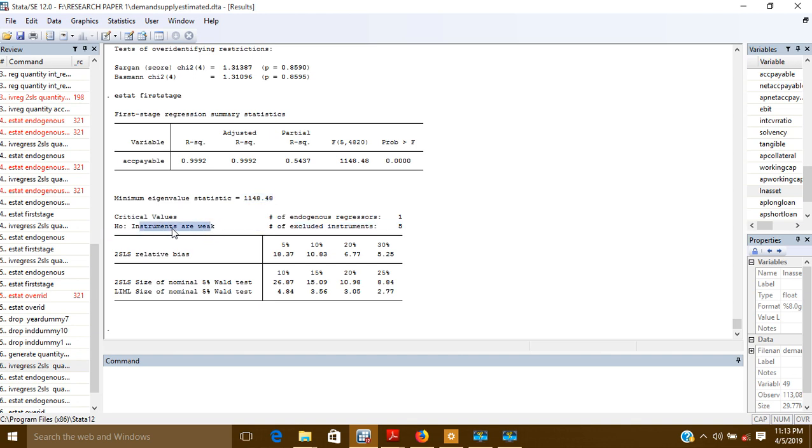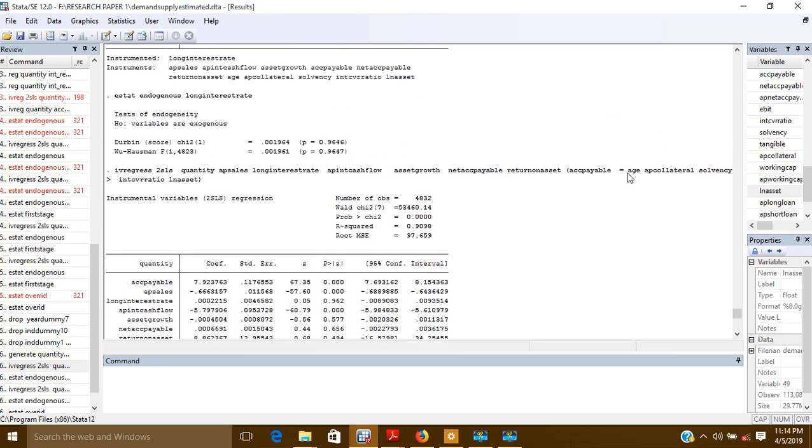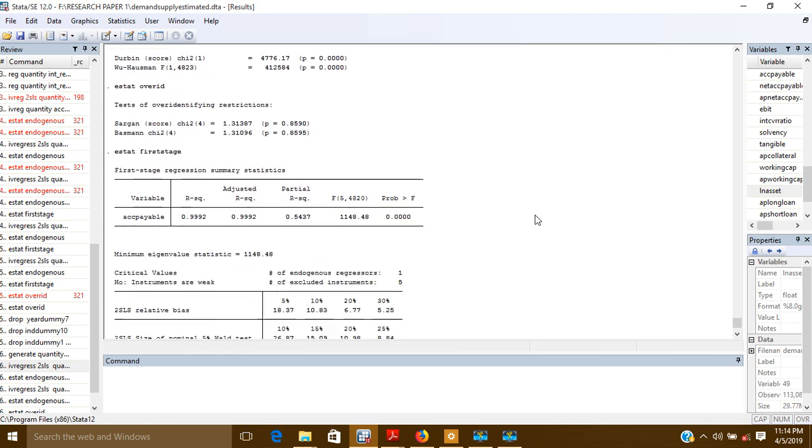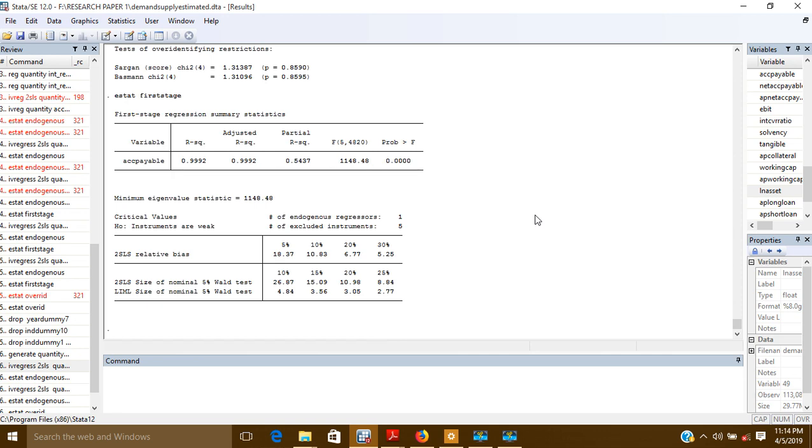We can reject the null hypothesis and say that the instruments are strong enough. And this value also indicates that these instrument variables can easily fully define this endogenous variable. So these are called the post-estimation tests for IV regression.